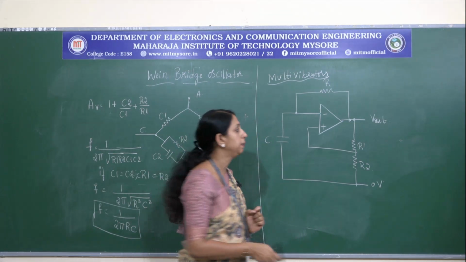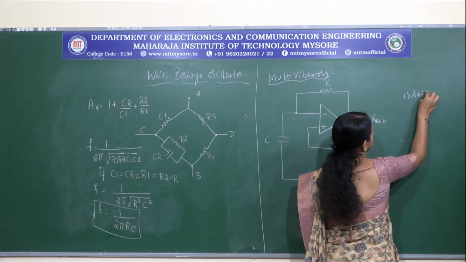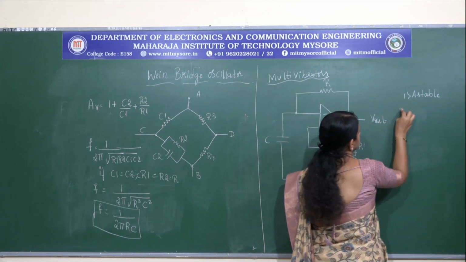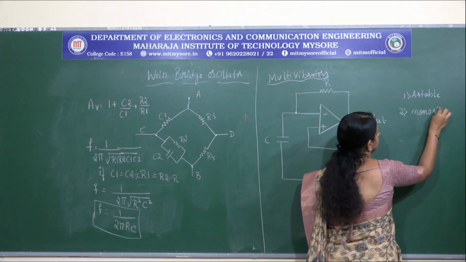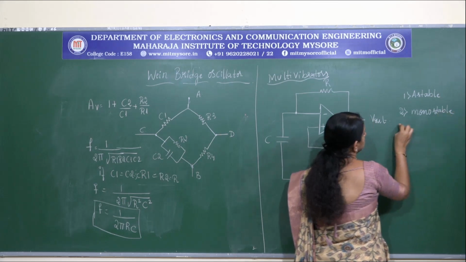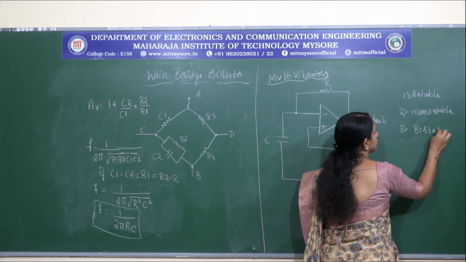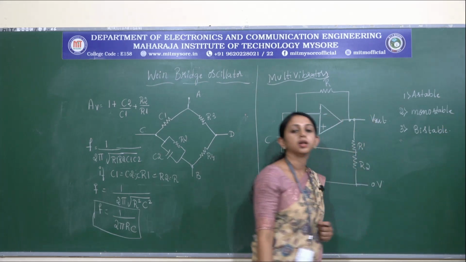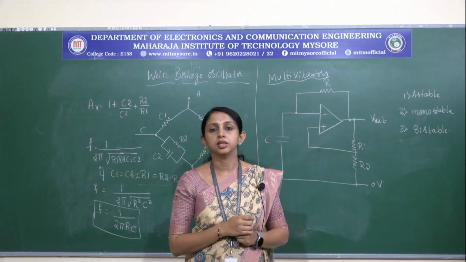The first type is the astable multivibrator. The second one is the monostable multivibrator, and the third one is the bistable multivibrator. So what is an astable multivibrator?